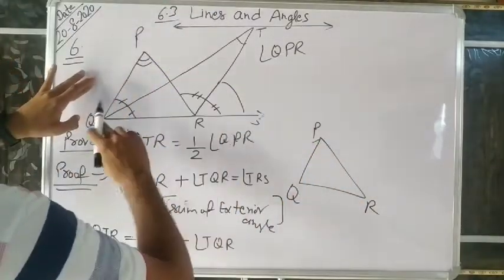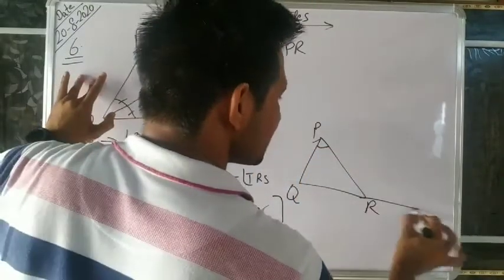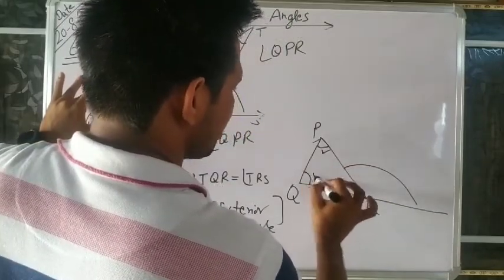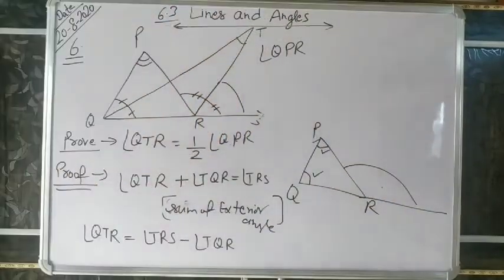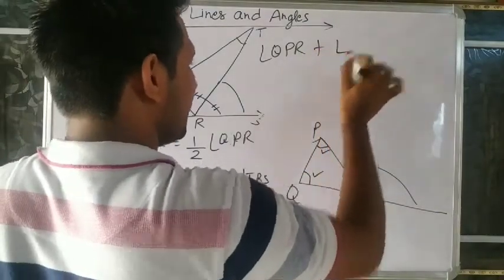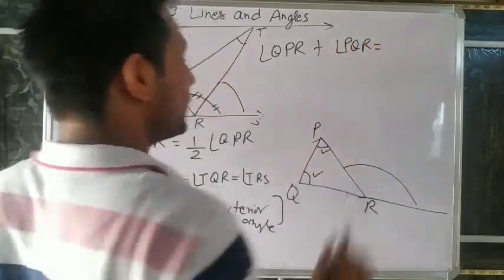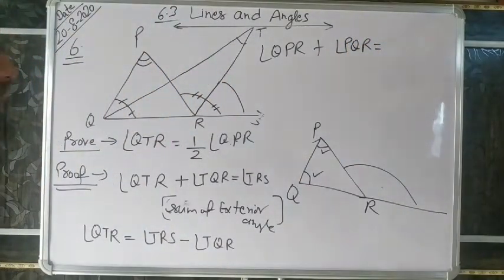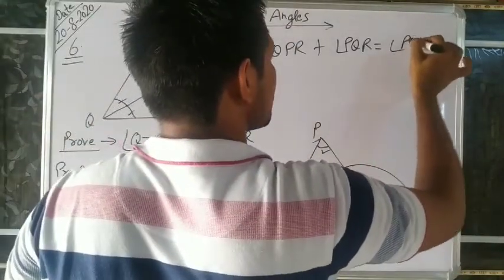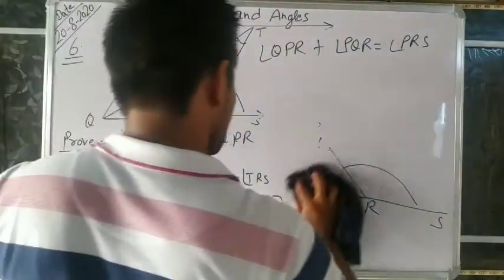How will you find this angle? It is a straight line, so this angle plus this angle equals the exterior angle. So write angle QPR plus angle PQR equals angle PRS. If you understand how to approach the answer, you can find it easily.